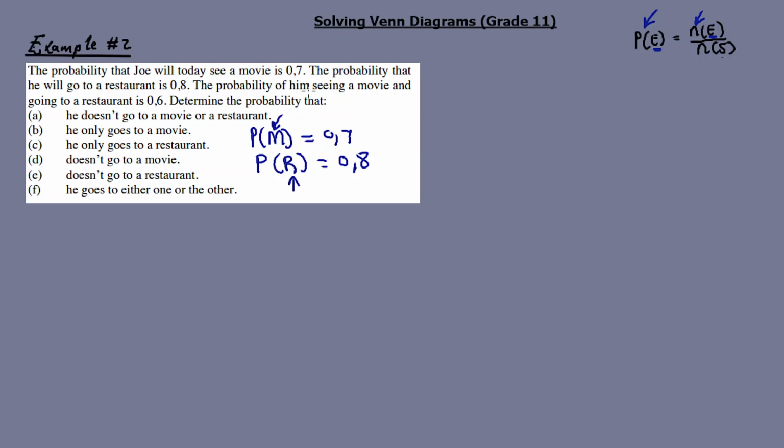The probability of him seeing a movie and going to a restaurant is 0.6. Determine the probability that he doesn't go to a movie or a restaurant.